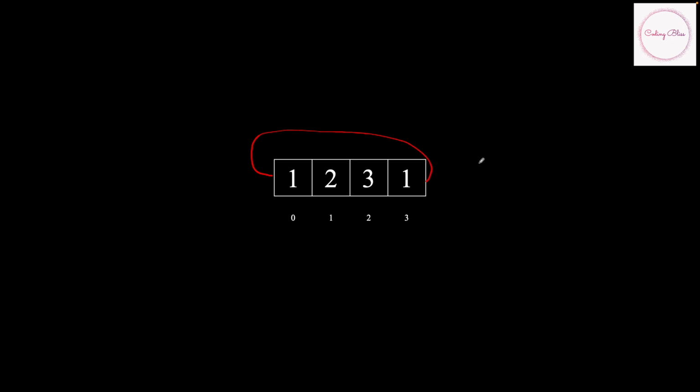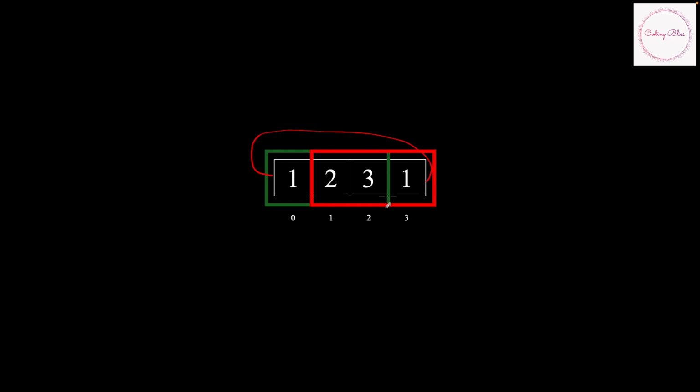So what we can do is first take this part of the array and determine the maximum profit which the robber can make by stealing money from these houses, and then do the same for this other part.